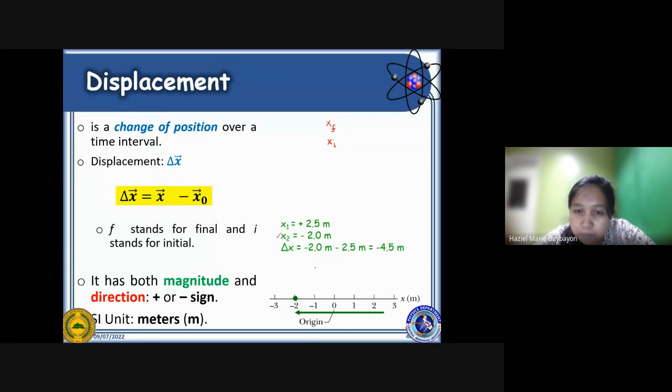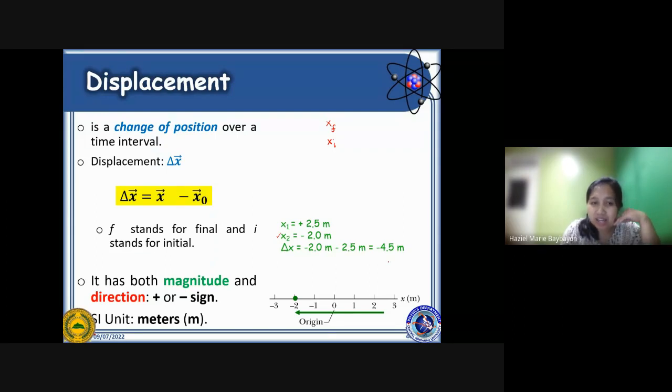Now, take note of the importance of the origin here. If you do not know that 2.5 meters is positive, or if you switch signs here, then we will get the wrong answer. So it is important to know how to locate the object with respect to the origin. Again, the displacement is -4.5 meters.